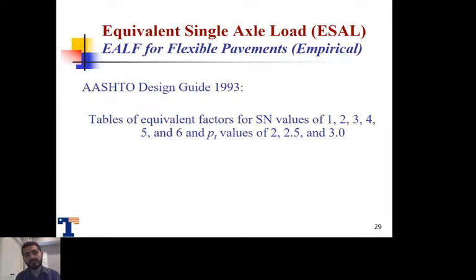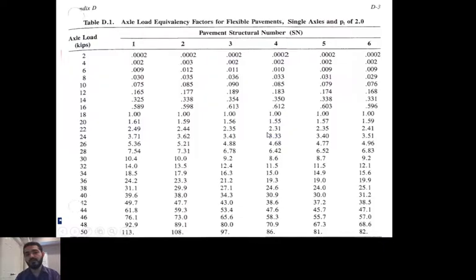Those tables have a wide range of structural numbers, from 1 to 6, and a wide range of Pt, the terminal serviceability, for 2, 2.5, and 3, because these are the numbers that correspond to what type of structure you are handling. Remember, if it's an interstate, it's 3. If it's an arterial or, again, a medium major road, it's 2.5. If it's a local street, the terminal serviceability is going to be 2.